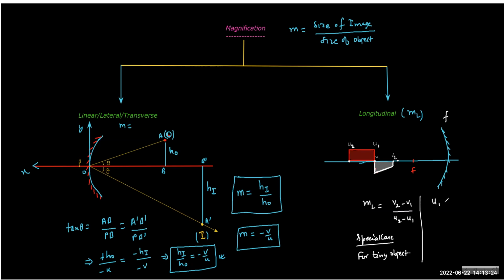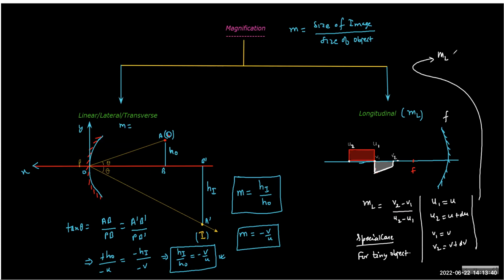If I call U1 as U and U2 as U plus dU, very close, and V1 as V and V2 as V plus dV, slightly ahead, in such a scenario, what I'm writing here, the longitudinal magnification, becomes the differentiation of V with respect to U.